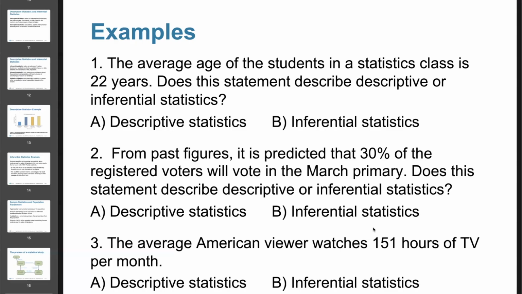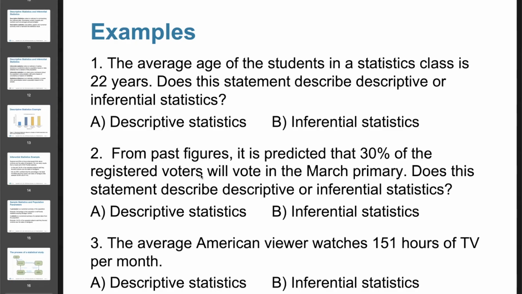Something else, of course, here it says from past figures. From past figures, that means we used the past knowledge, the past numbers, and make predictions to the future. So this is also another way you can know if it's inferential statistics or not.